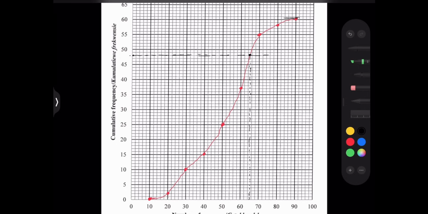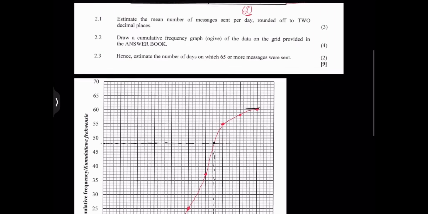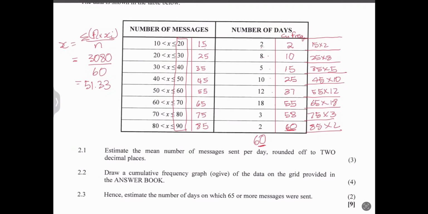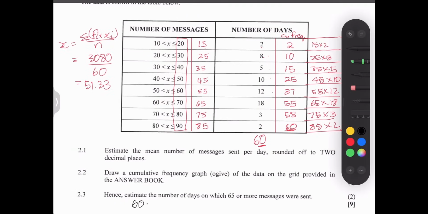So to answer our question, they said to us, estimate the number of days on which 65 messages were sent. Now I want you to think about it. So it's 60 minus 48.